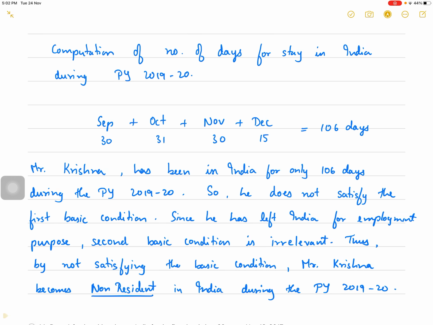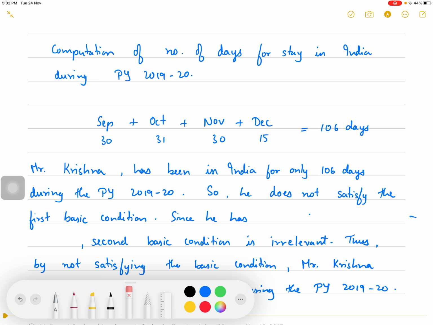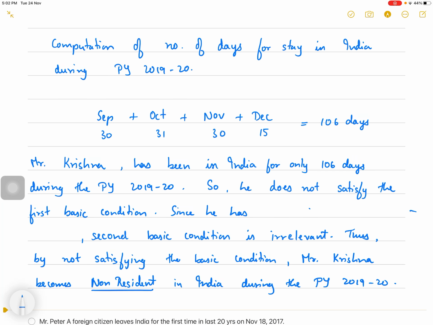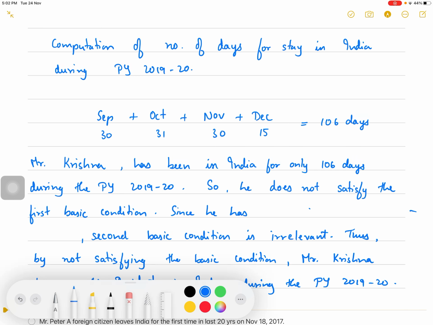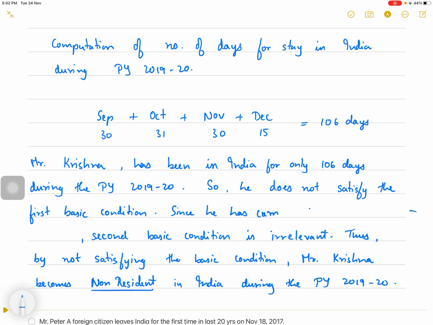Since he has come to India on a vacation and he is an Indian citizen, the second basic condition is irrelevant.